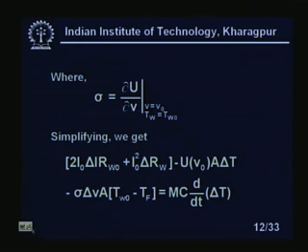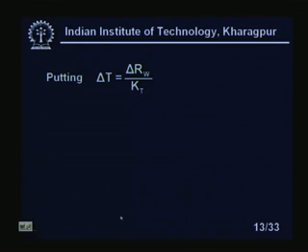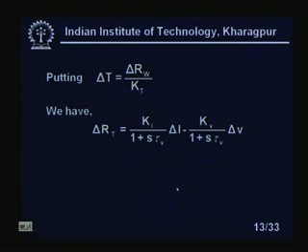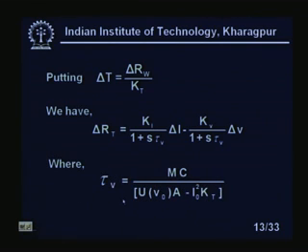If we have these expressions, we put delta T equal to delta RW by Kt, and we have delta RT equal to Ki over 1 plus S tau B into delta I, minus Kv over 1 plus tau B into delta V, where tau B is given by MC over U V naught A minus I naught square into Kt.